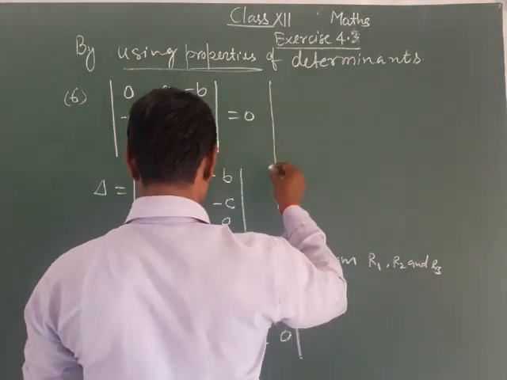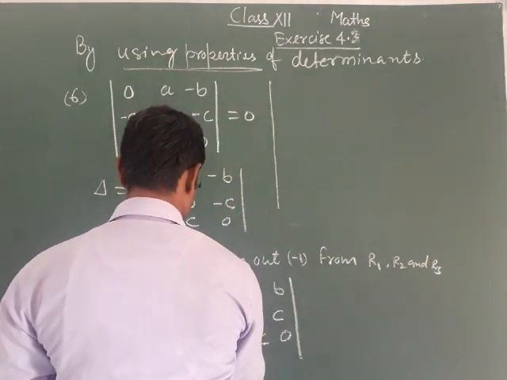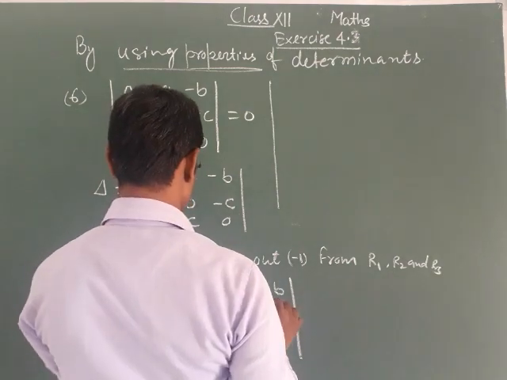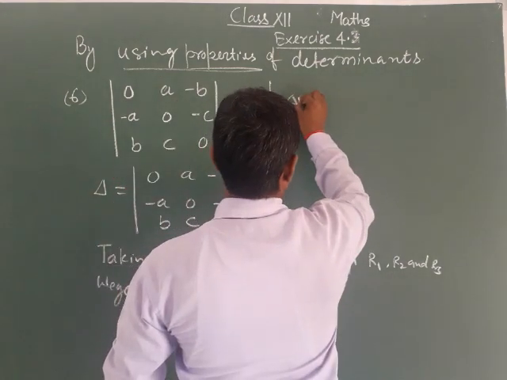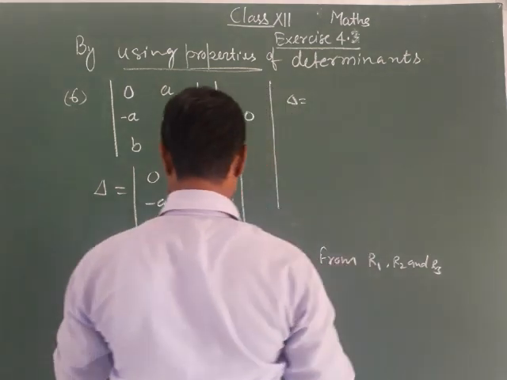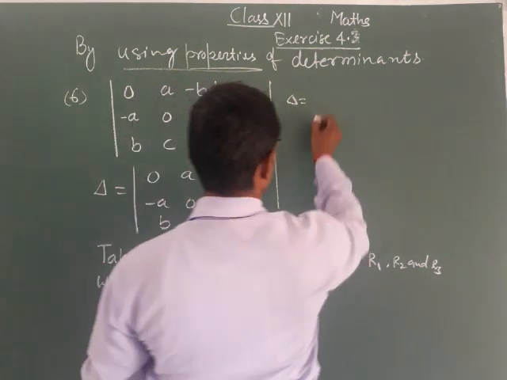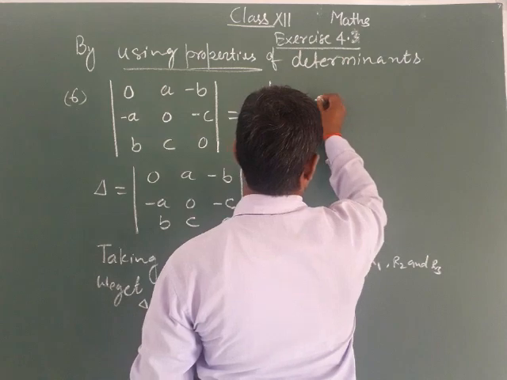So this is power 3, so the determinant is equal to minus 1 to the power 3.